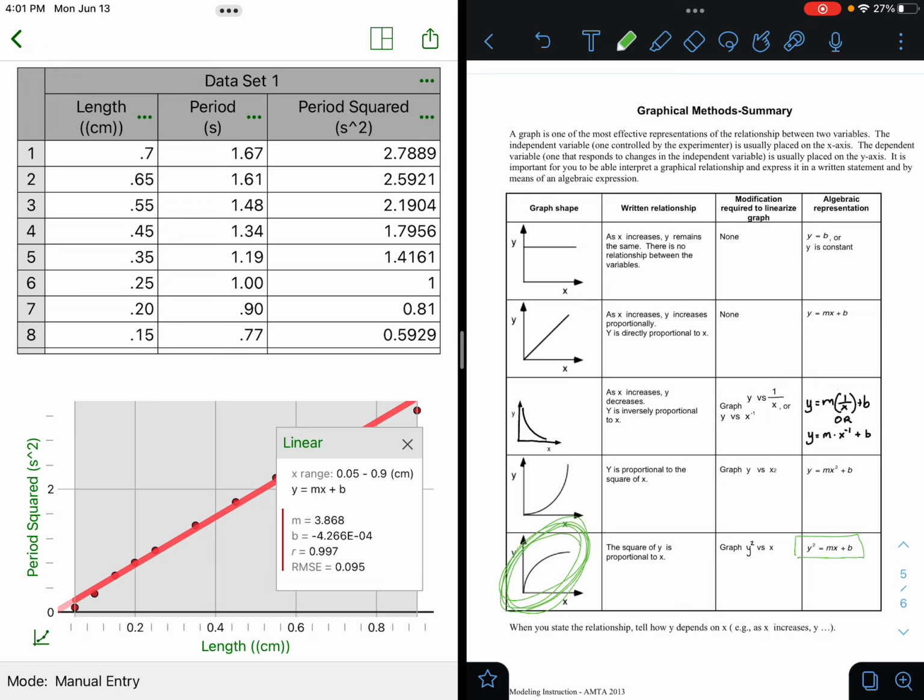So that's pretty small, and that tells me that my b value can be dropped. And that makes sense. We're looking at how the length of a string affects the time of a pendulum swing. If I have no length of string, I have no pendulum. So if I have no pendulum, I would have no time that the pendulum takes to swing. So that makes sense. I'm going to get rid of my b value here.